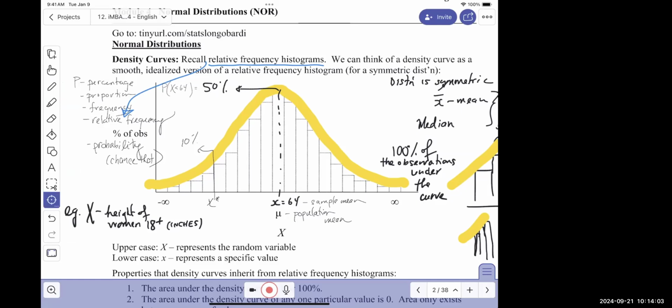How would I write this as a statistical sentence? So I say the chance that X, big X, is less than little x is equal to 10%.